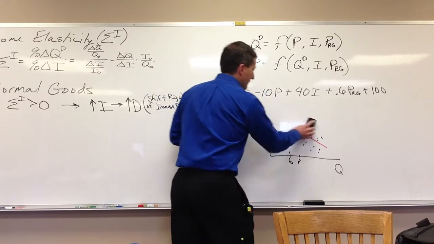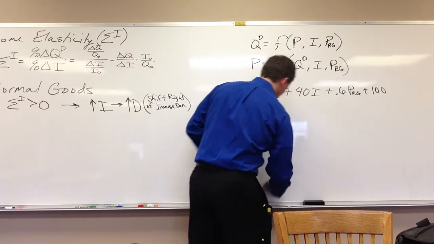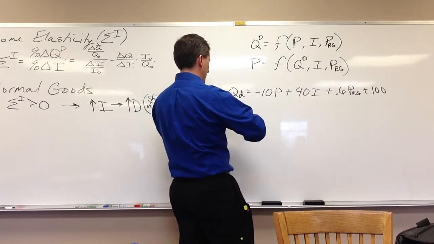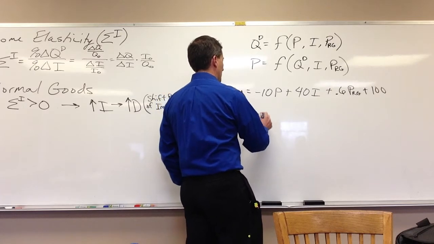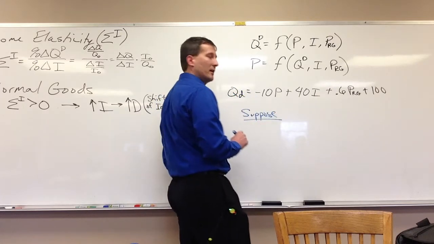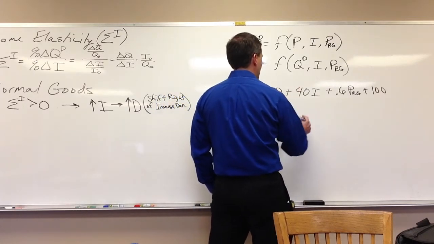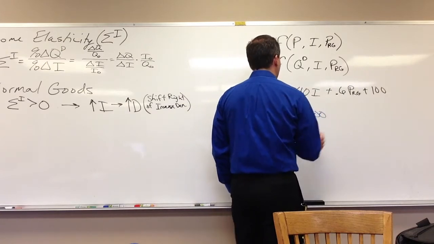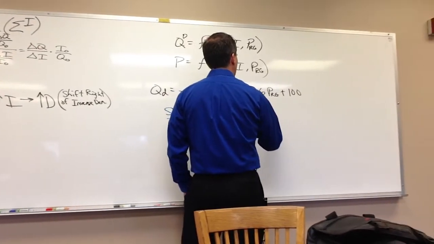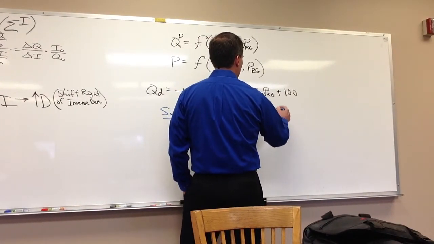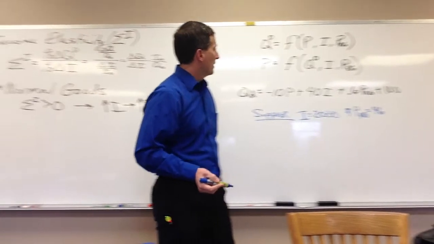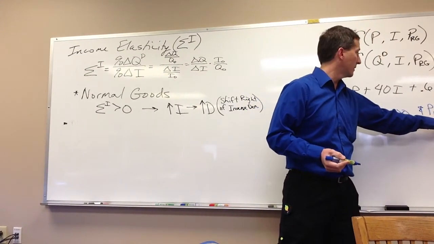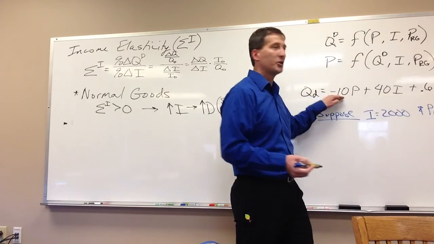As soon as we give you numbers like this and say, here comes the big assume, suppose I equals 20,000 and P_RG equals 46, what happens to this equation?